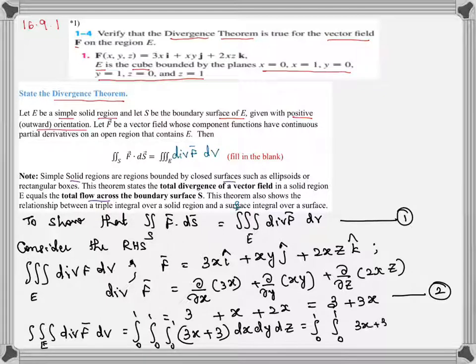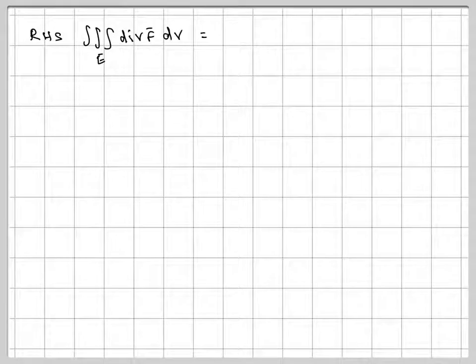So it is the integral 0 to 1, integral 0 to 1, of 3x plus 3x squared over 2, integrating with respect to x from 0 to 1, and then dy dz. If you compute this integral, it gives the right hand side, the triple integral over E of div F dV.